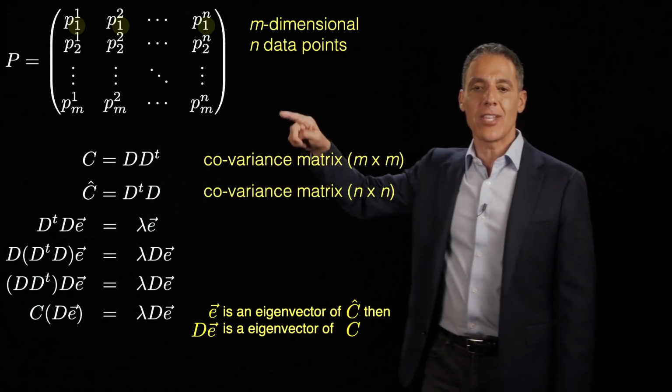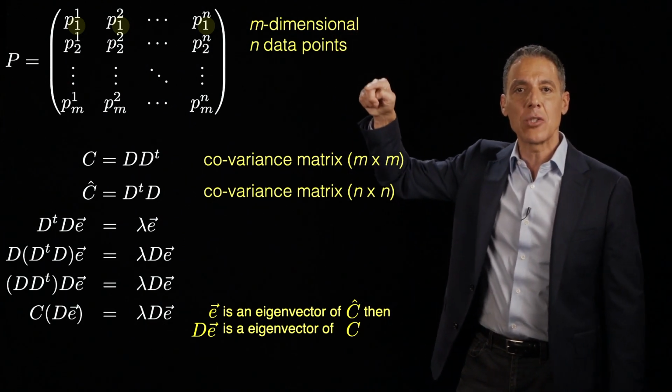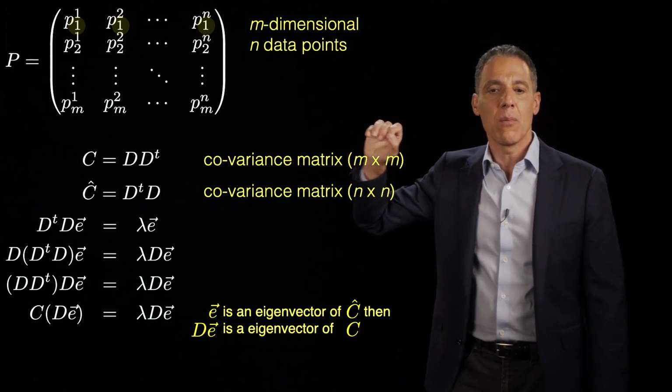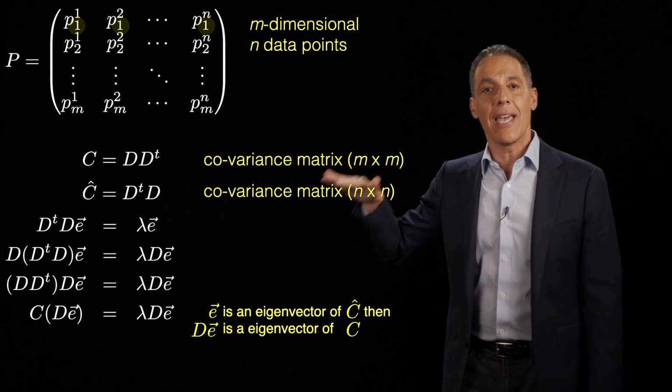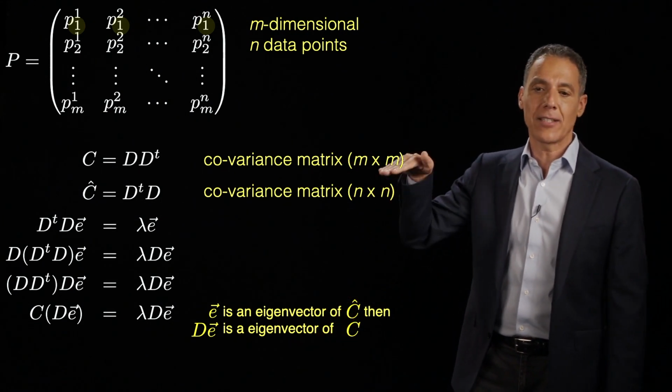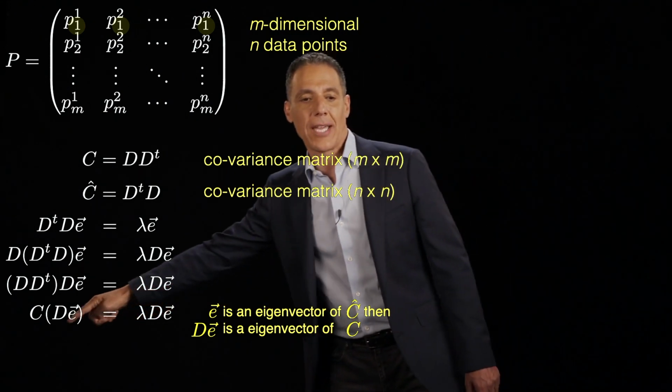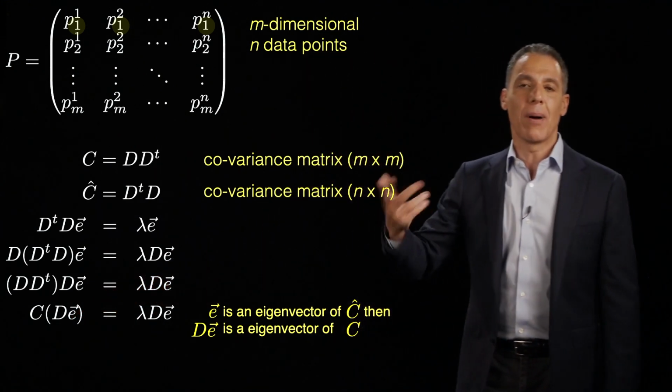So that means I can solve the smaller of these two problems, more memory and computationally efficient, and then I can still get the eigenvector by simply multiplying the eigenvectors that I calculate by the data matrix. And this is really important because if you're going to use PCA on images, you're going to have to use that trick. And we're going to see the use of that for face recognition, so-called eigenfaces, when we come back.